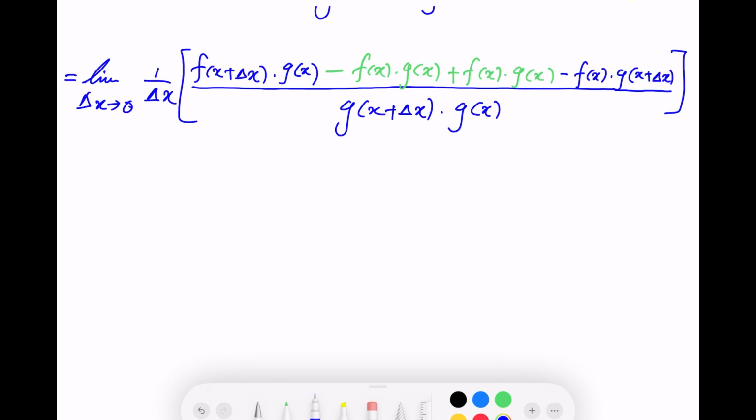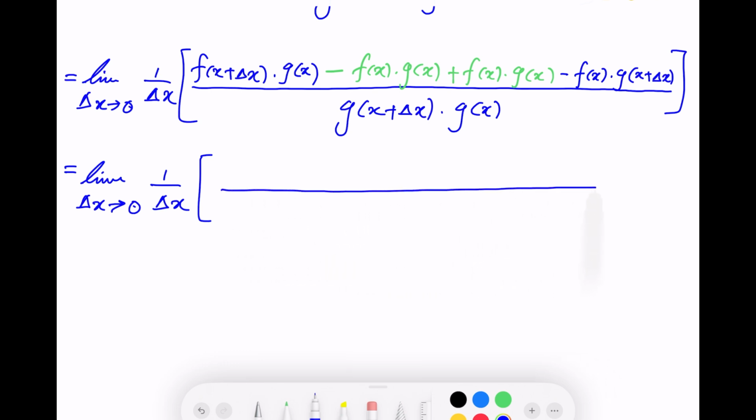Now this is equal to limit as delta x approaches 0, we have 1 over delta x, open brackets. The denominator stays as g of x plus delta x times g of x. So let me write that down, g of x plus delta x times g of x.